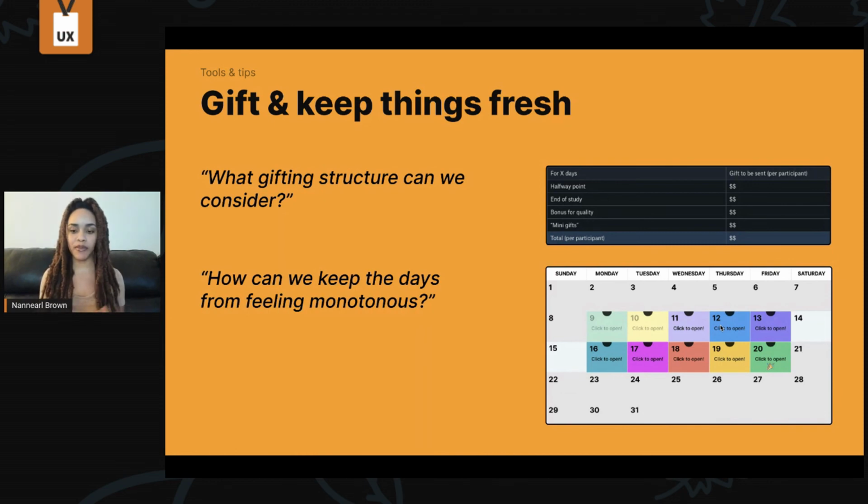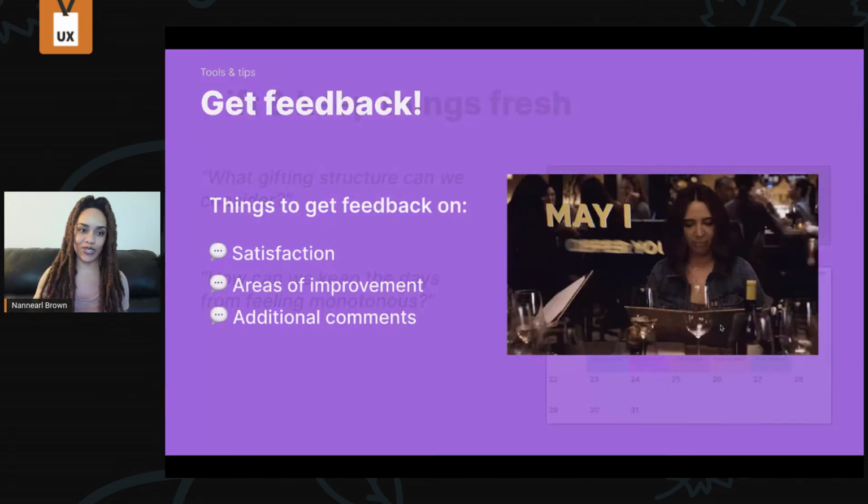It was a Figma prototype. They could click on it to get to their questions of the day. It was a fun, interactive way to start their diary study journey each day. It was a little fun to hide the mini gifts in one of the days as well, just to add a little bit of surprise. So it was something that people enjoyed.